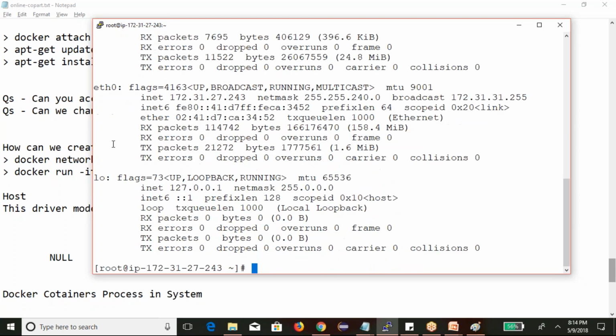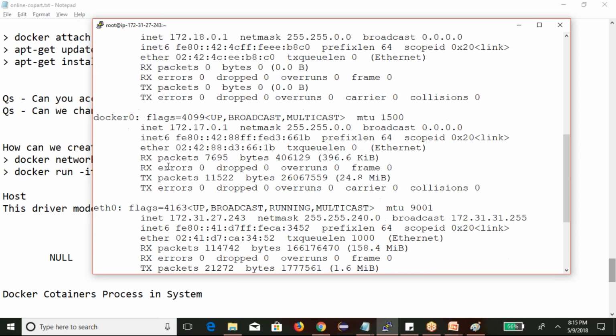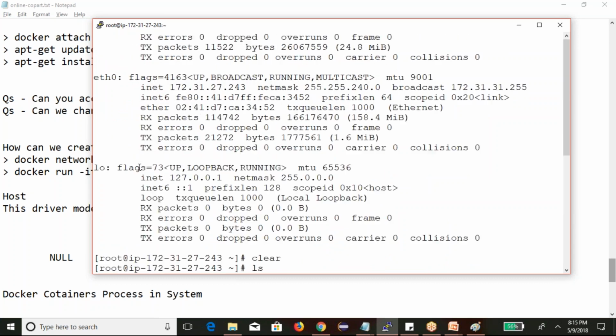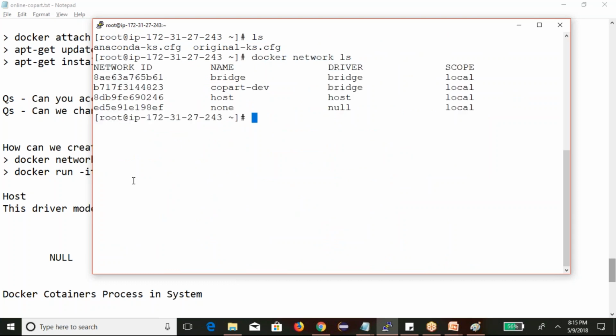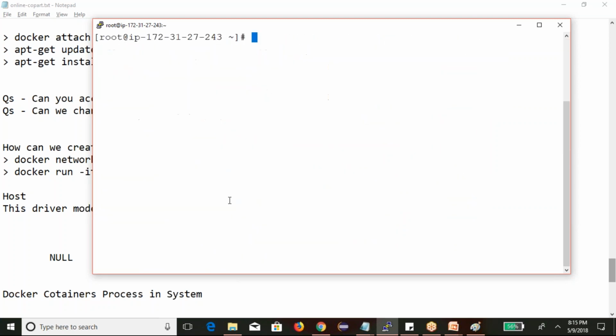Now everything is clean, docker0 and all stuff like that. This is one of the things that did not get cleaned, because you have created one more bridge for this one. Okay, now everything is clear.